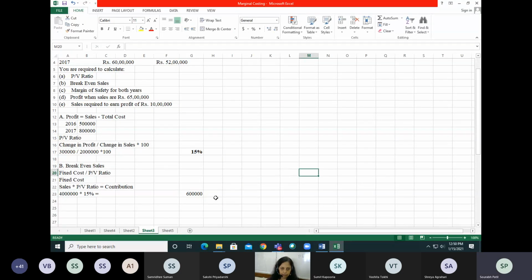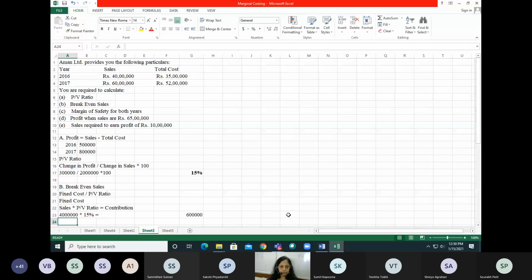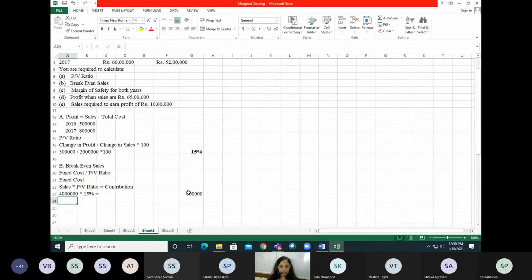Six lakhs. Now, how will you find out fixed cost? We have calculated contribution. Contribution minus profit will be your fixed cost, right?